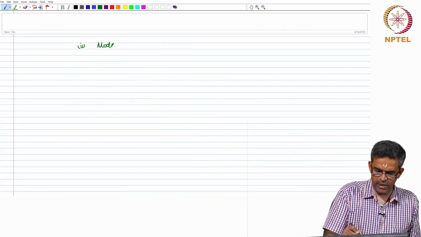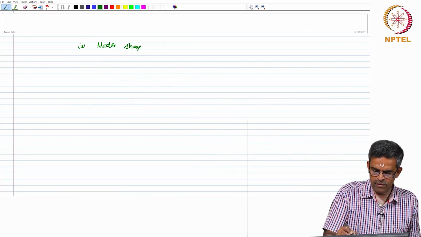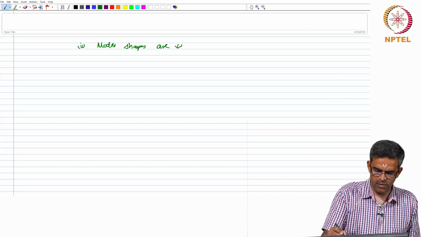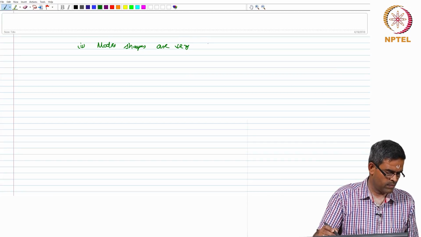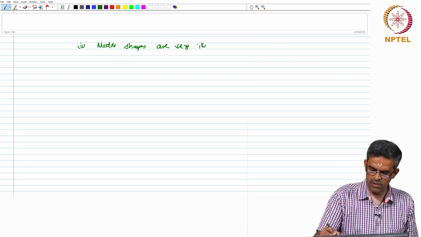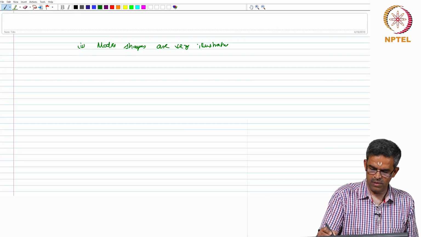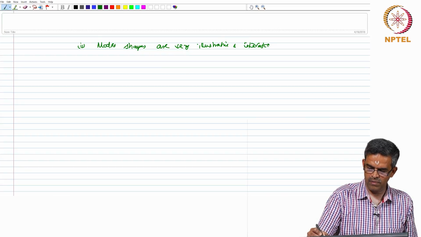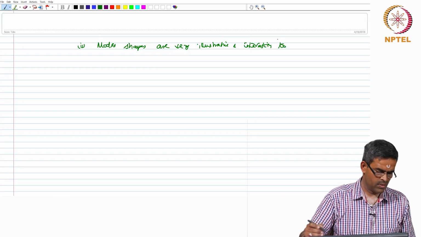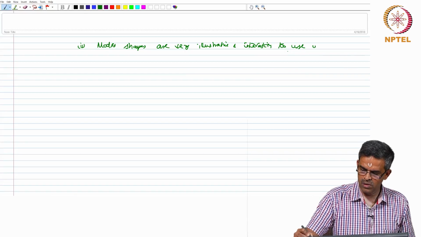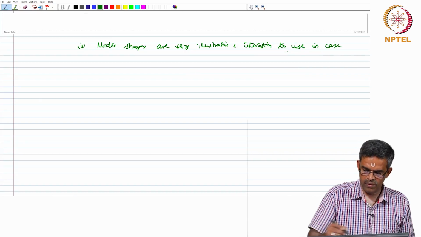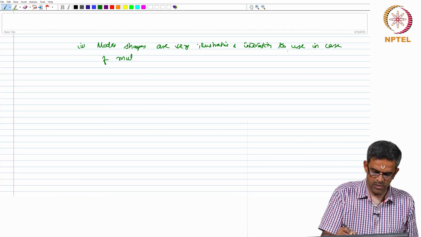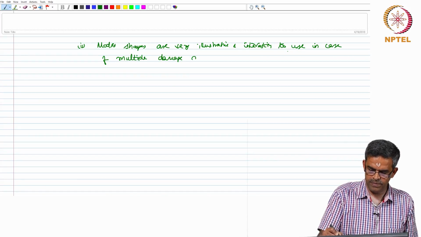Mode shapes are very illustrative and interesting to use in case of multiple damage detection.